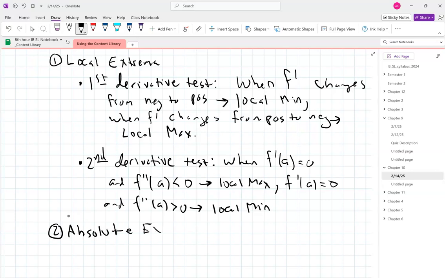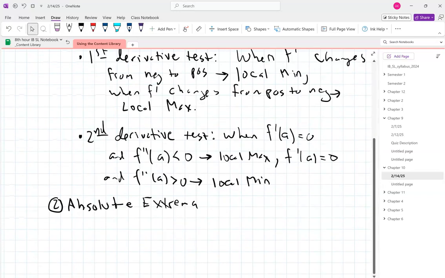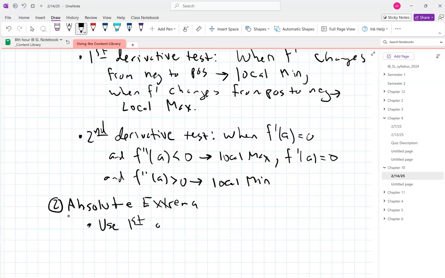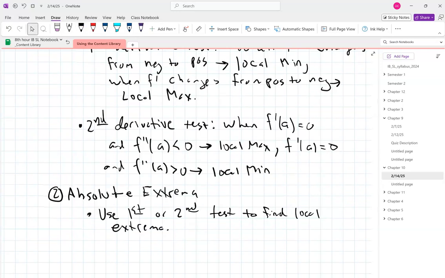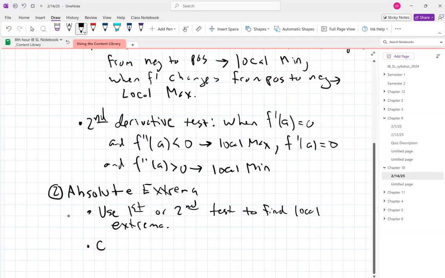The next situation is if we want to find absolute extrema. To do this, we need to do a couple of things. We want to first use the first or second derivative test to find the local extrema, and then check the endpoints.